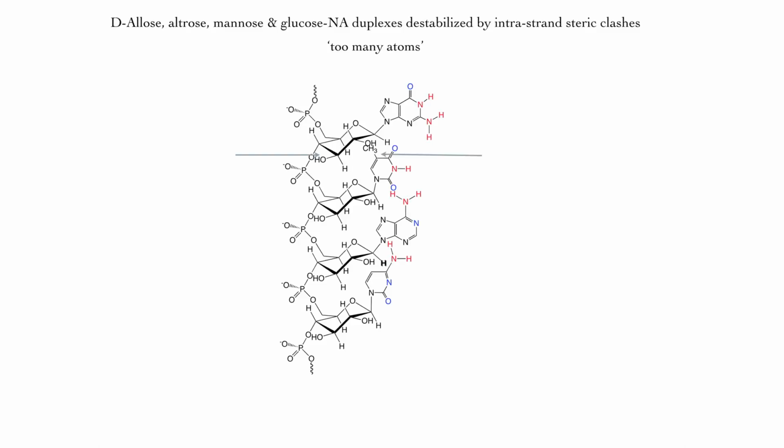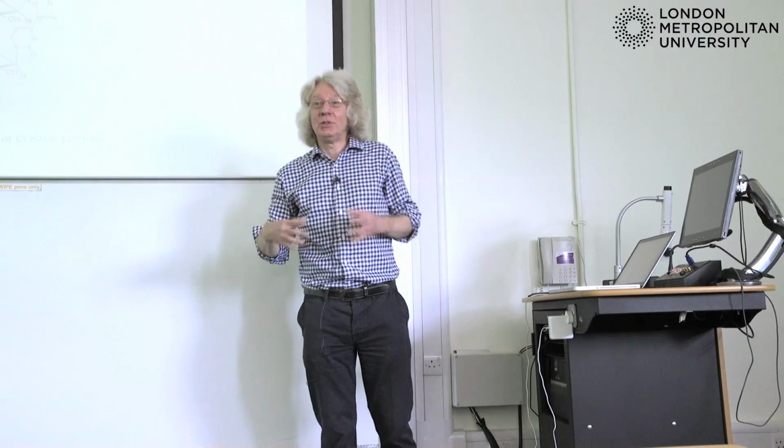And you've got clashes where I'm putting in these arrows. You're seeing clashes between OH groups and the edges of the aromatic bases. And it was found that they don't form stable Watson-Crick bonding duplexes. So that's why glucose, it may be the most abundant sugar on this planet, but it's not used in nucleic acids. That's why.